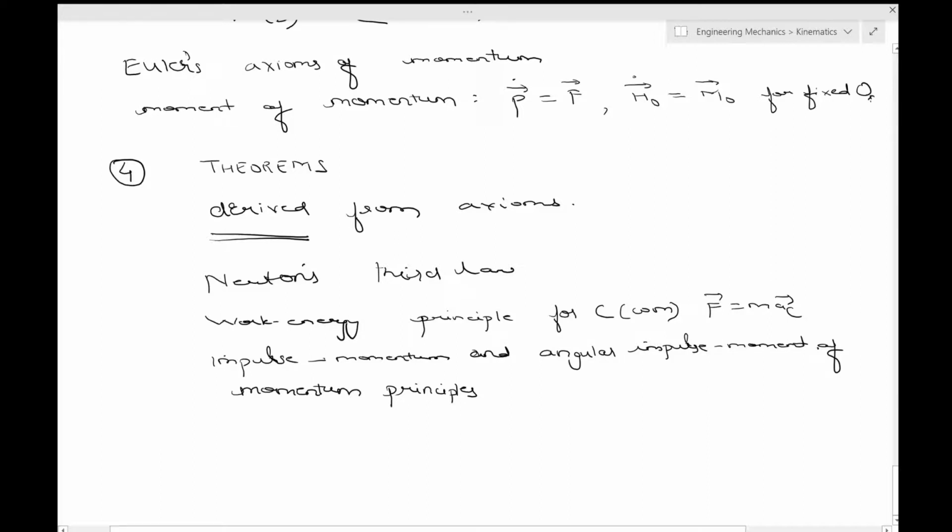Many of these theorems will be dealt with as we move along.